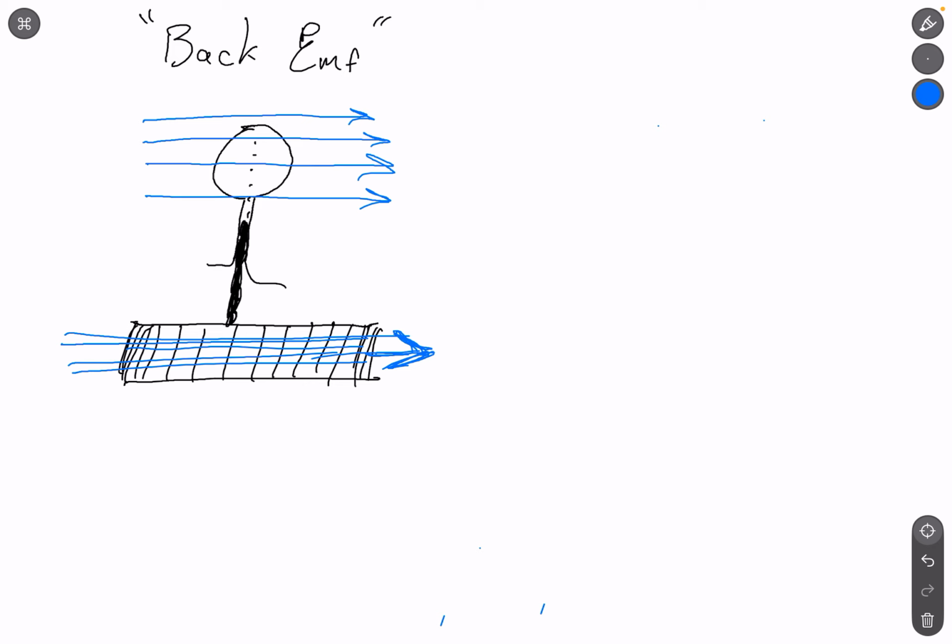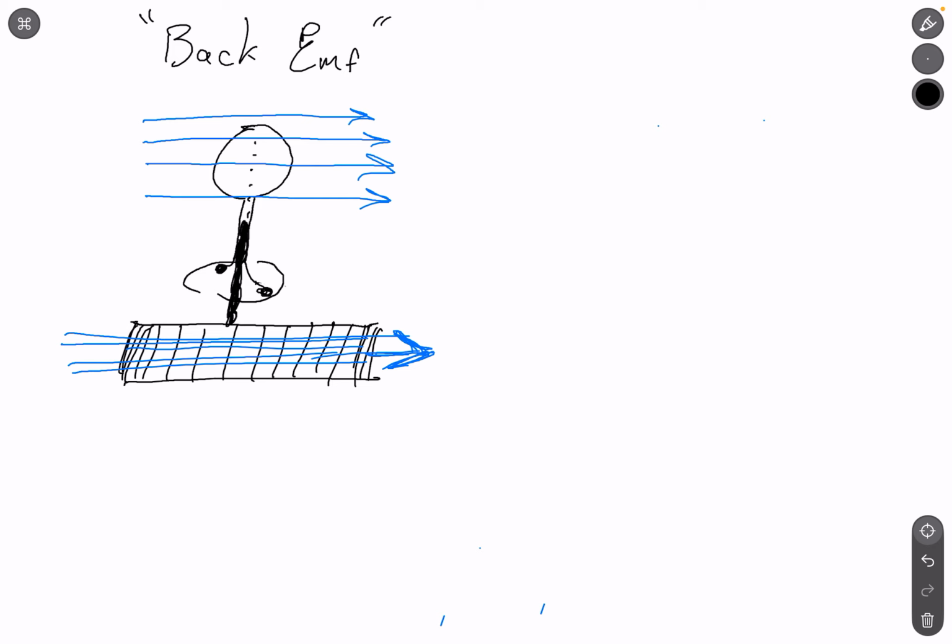Now that current has to be split, right? If you watch the other video, which I hope you have, you note that we cut this thing up. And we have two loops, two semicircles, and there's brushes that touch these things.